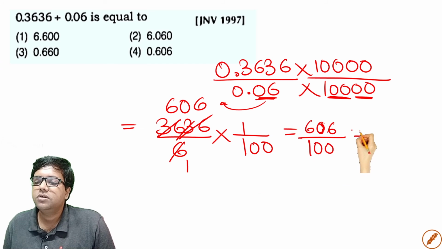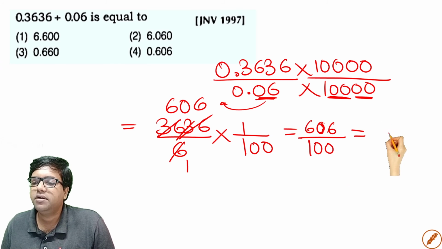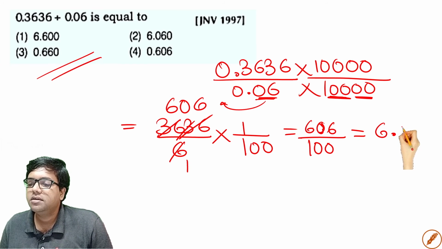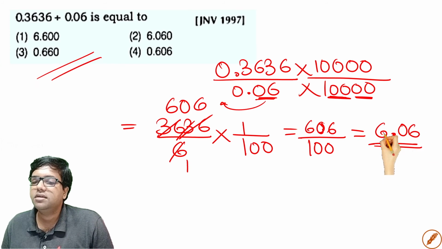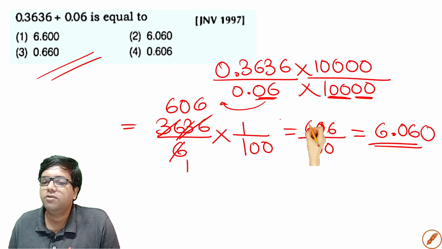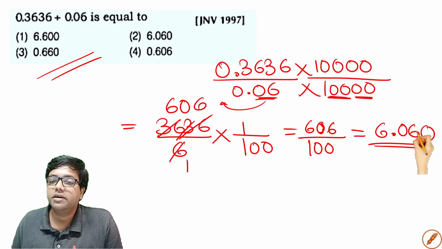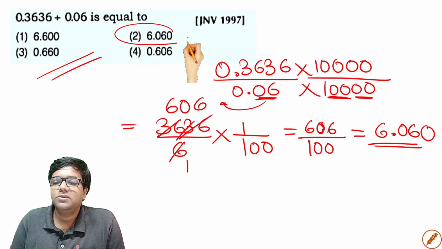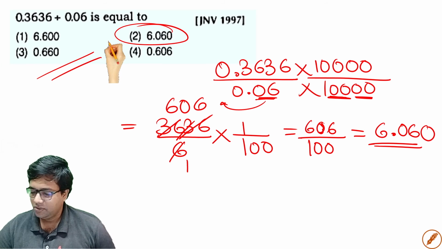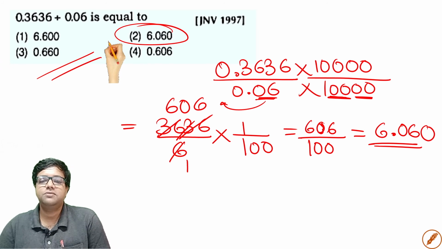Now convert it into decimals because we need the answer in decimal form. 6.06 is the right answer here, and you can keep one more 0 after the 6. So 6.06 is available in option number 2. Option number 2 is the right answer for this question.